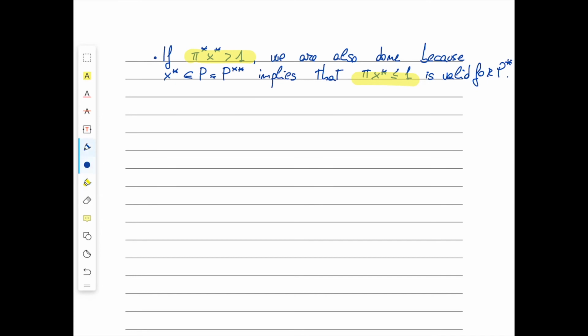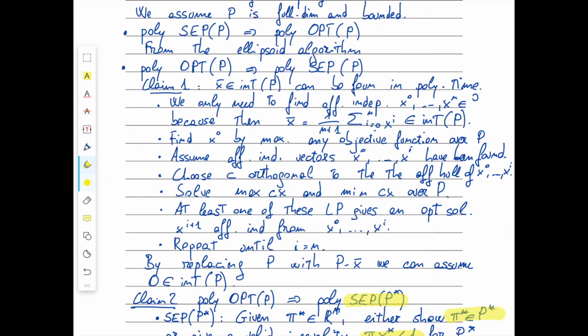Great, and now we are almost done. To finish this proof, we just need to use this claim together with the first part of the proof. So in claim 2, we have just shown that we can solve in polynomial time separation over P star. Now, at the very beginning of the proof, we've shown that polynomial separation over a polytope, let's apply this to P star, implies polynomial optimization over the same polytope. So then we obtain that we can solve in polynomial time optimization over P star.